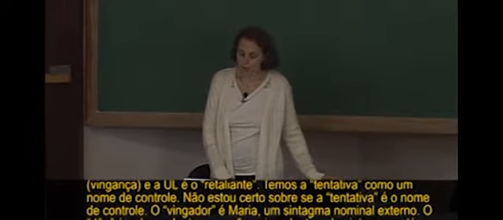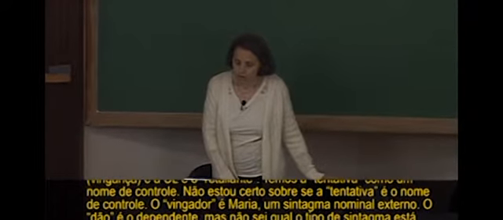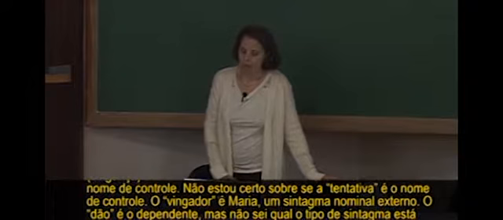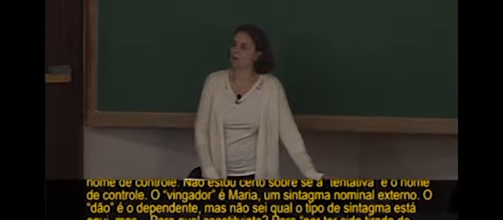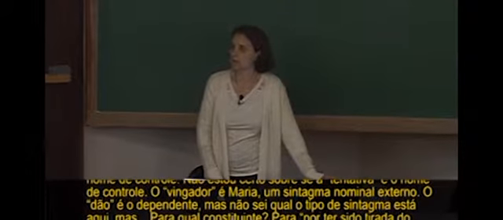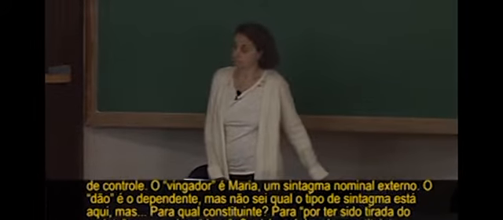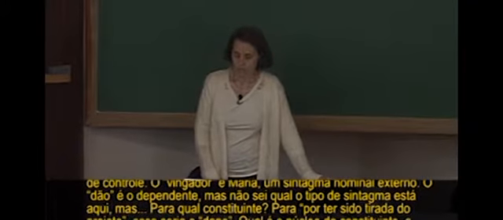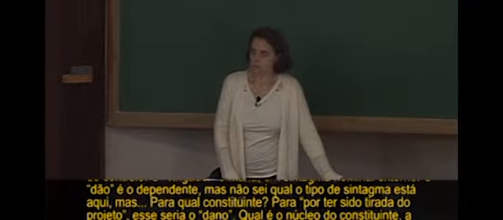For which constituent? For injury, being cut out of the project. Injury. Well, what's the head of the constituent? What's the ing verb? Correct. But could we say that it's a verbal phrase ing? Yes. Okay.